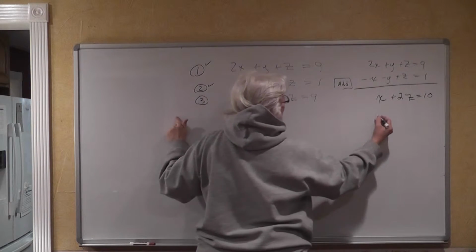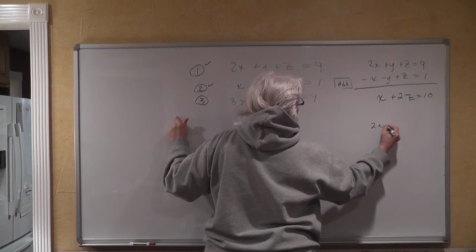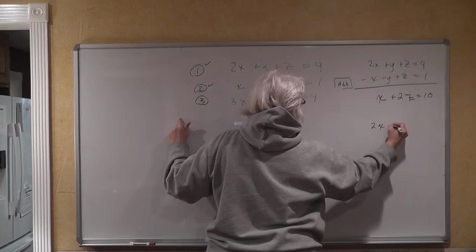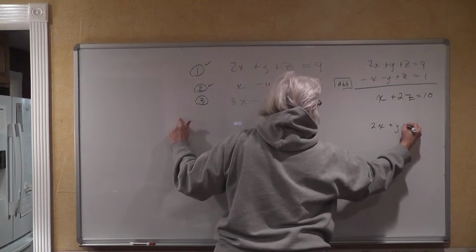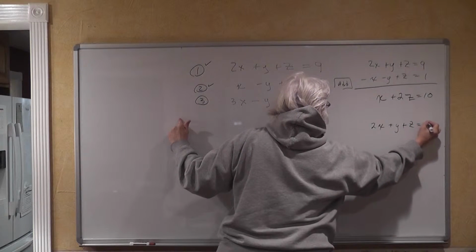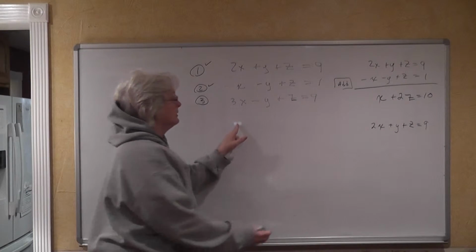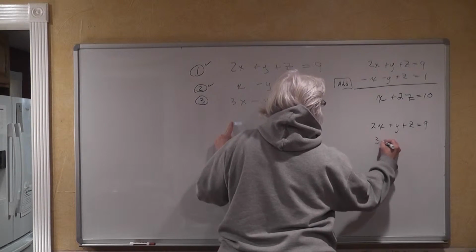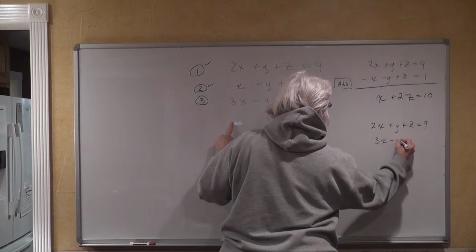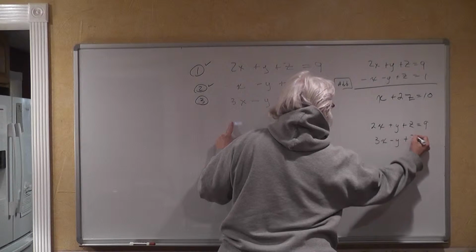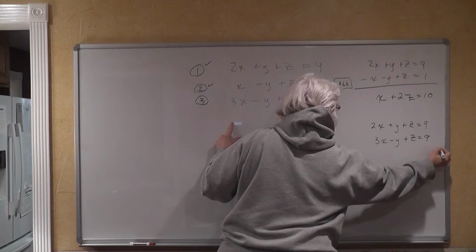So I now have 2x plus y plus z is equal to 9. And then I'm going to pair that with equation 3. 3x minus y plus z is equal to 9.